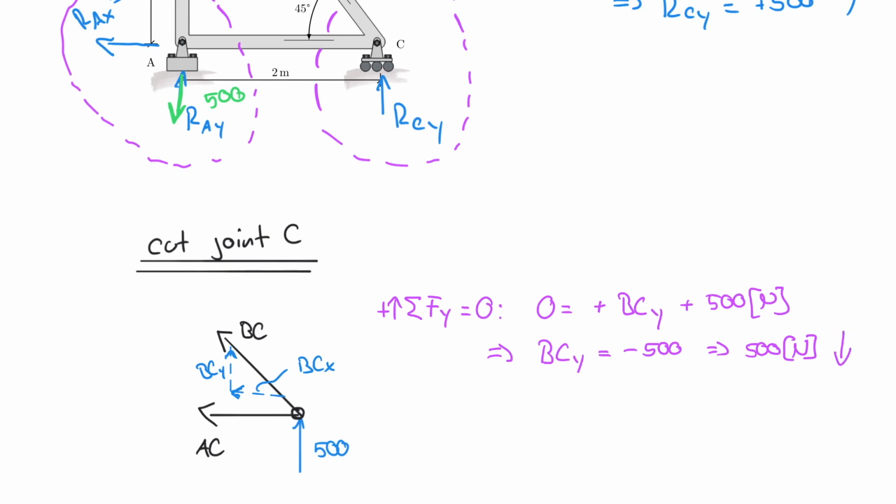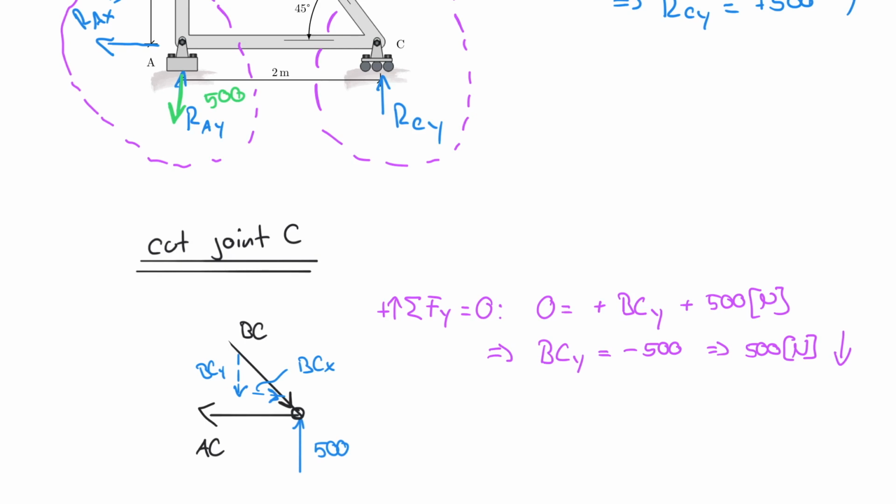And so now I have to correct my sketch here on the left to stay consistent. So I will erase this now. My arrow direction actually is incorrect, and therefore I have to flip it around. So let me start with the blue dashed line again. The first thing that I know is BCY is going down. And now by default, BCX needs to go to the right, and BC actually needs to push on the node C. And now it's a 45-degree triangle, so it's very easy to understand what happens next.